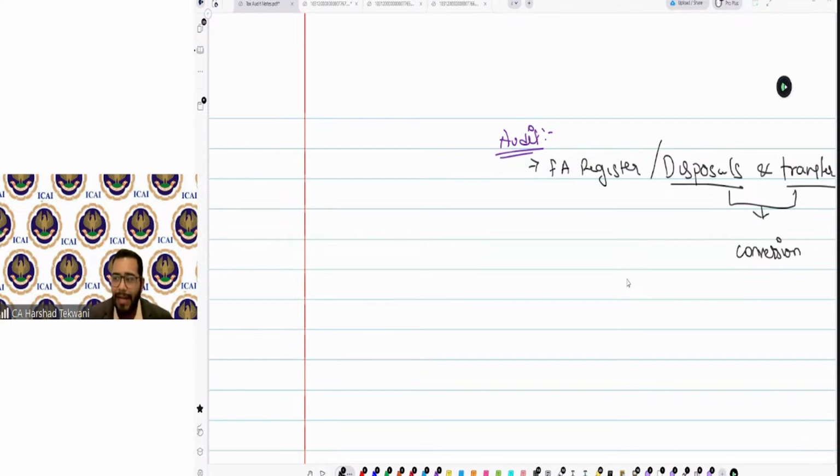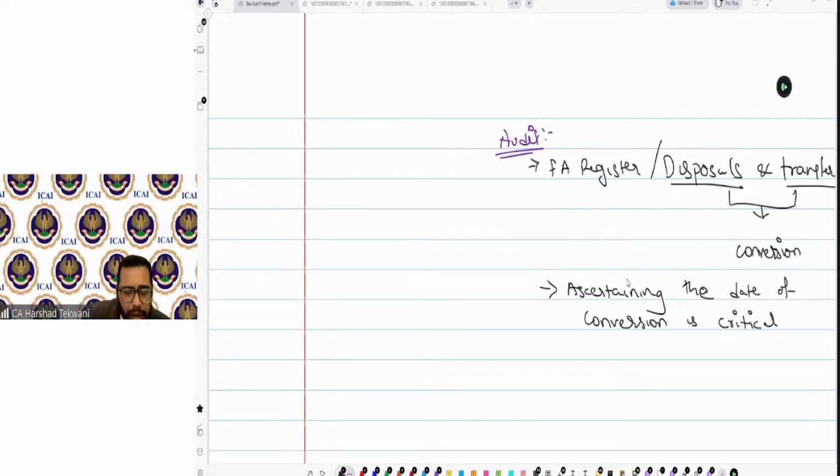So the correct date of conversion is necessary to identify, because these are internal records, things which are happening internally. So ascertaining the date of conversion is critical, and for that you need to obtain all the relevant documents and details with respect to the conversion.